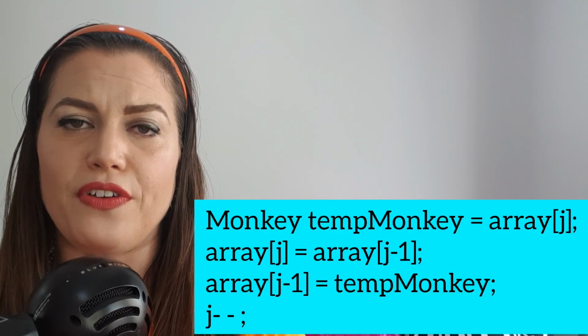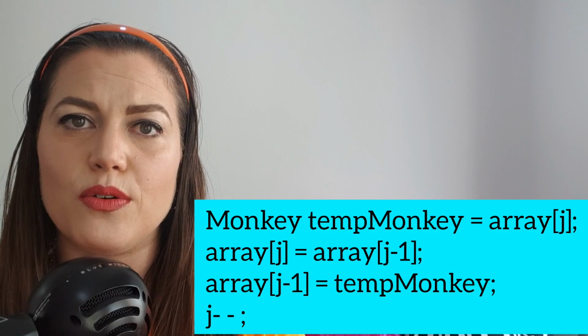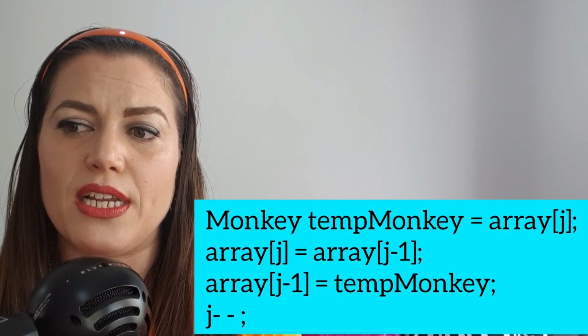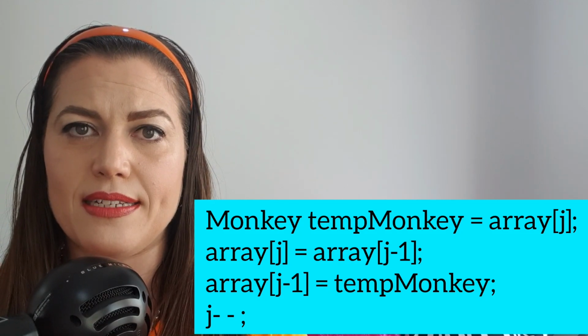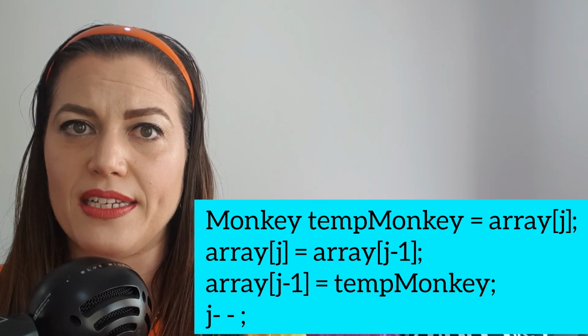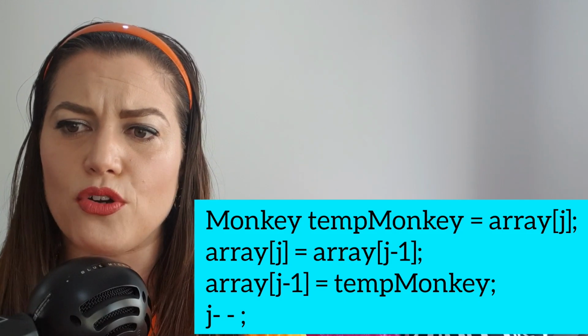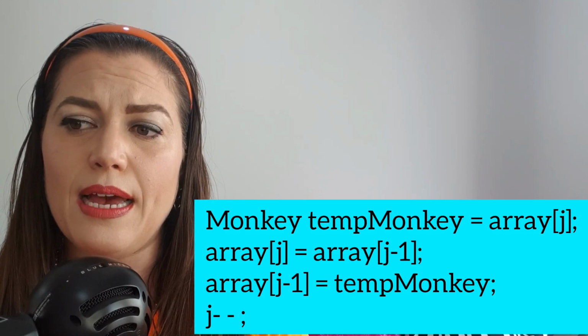I saw a different approach, where many swaps are done over and over again. Each fight has its own swapping, with its own temporary location and memory of that specific monkey that is making that specific fight. That approach involves a lot of swapping, but I also see it on the internet as an example of insertion sort code. So I just wanted you to know that this approach also exists.